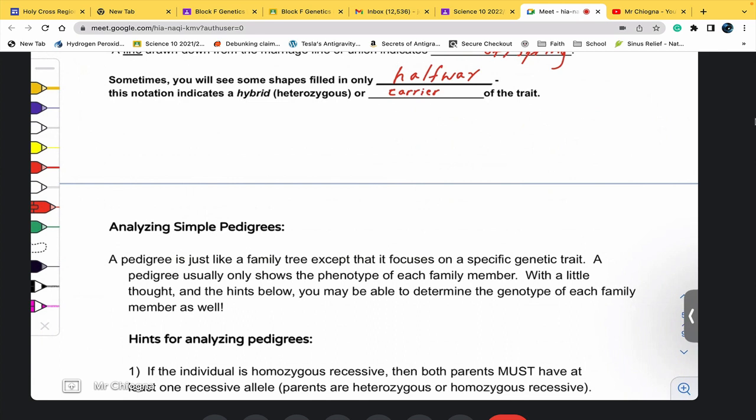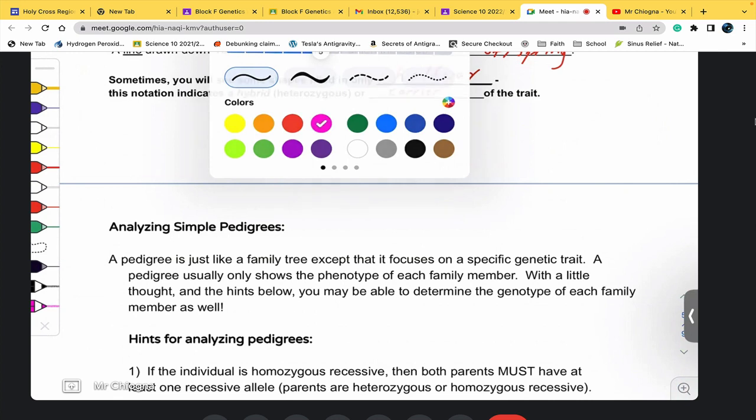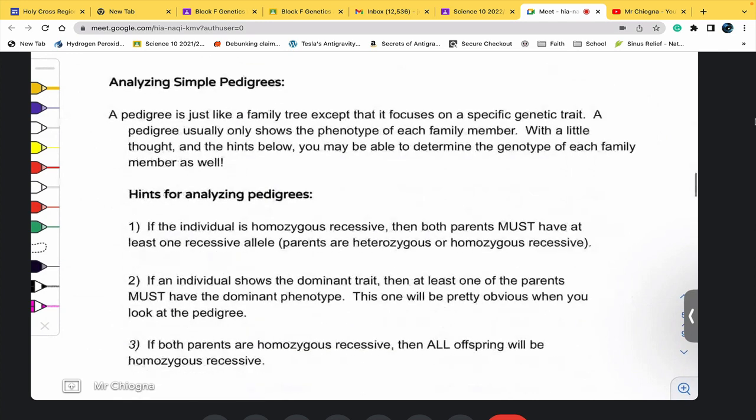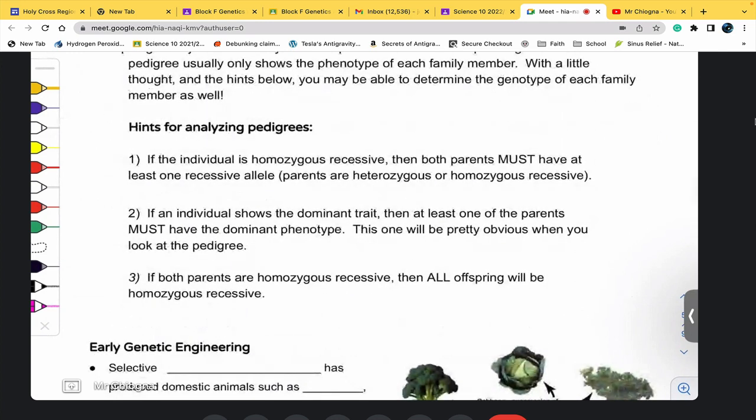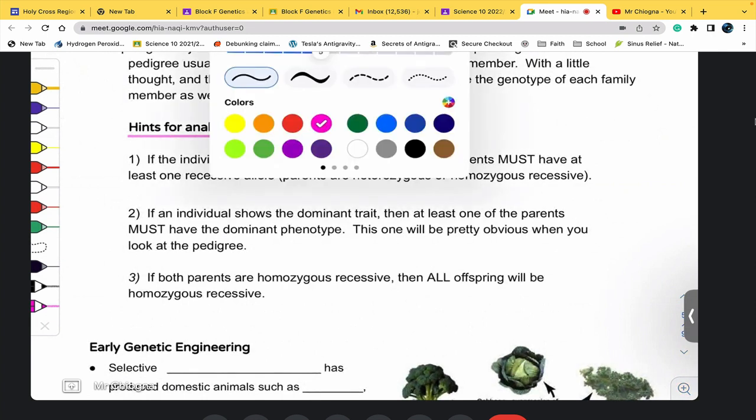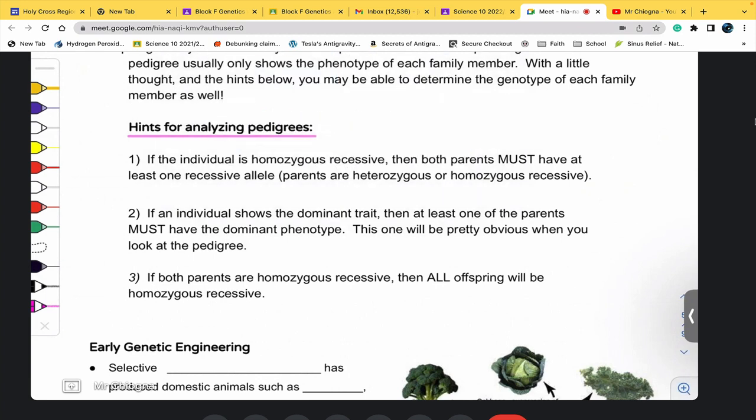So let's look at some of these hints. I've got to highlight some of these. We're going down the list here where it says hints for analyzing. I'm going to make it thick. Okay.